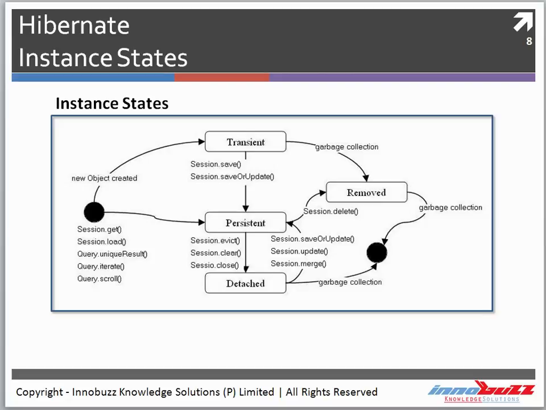After this, if the session is closed, then the object is detached. Also, the object could be manipulated again calling the save, update, or merge methods, and in this case, the object will be again in a persistent state. If the session's delete method is called, the object is removed and garbage collected.